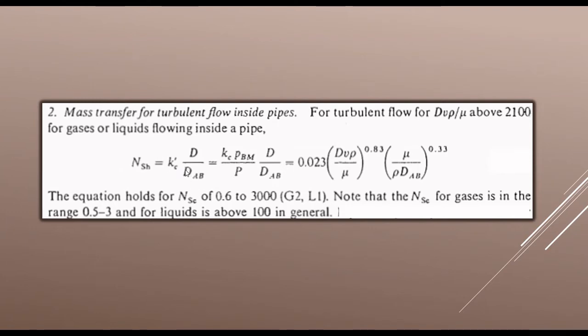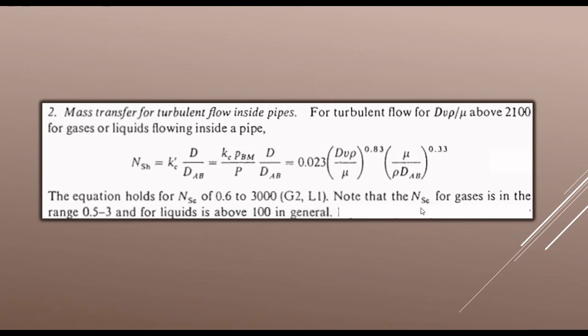It relates your convective mass transfer coefficient to the diameter and the molar diffusivity of your solute in your fluid. It is equal also to this expression. This one is your Reynolds number and this one is your Schmidt number. Now, the equation holds for a Schmidt number, this last expression here, of 0.6 to 3000.